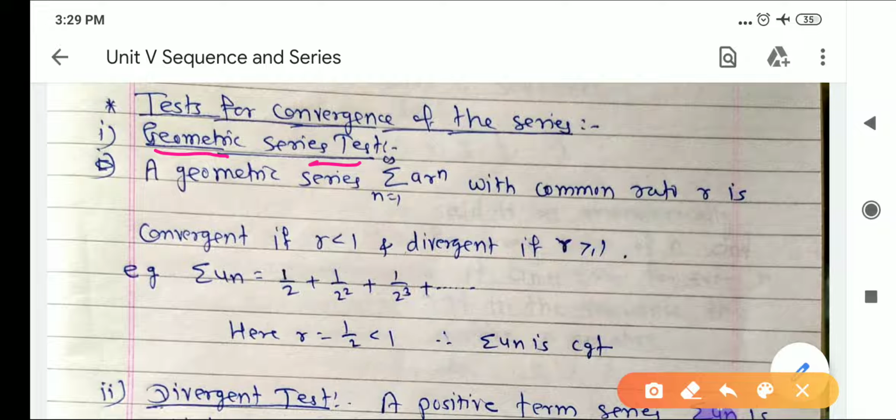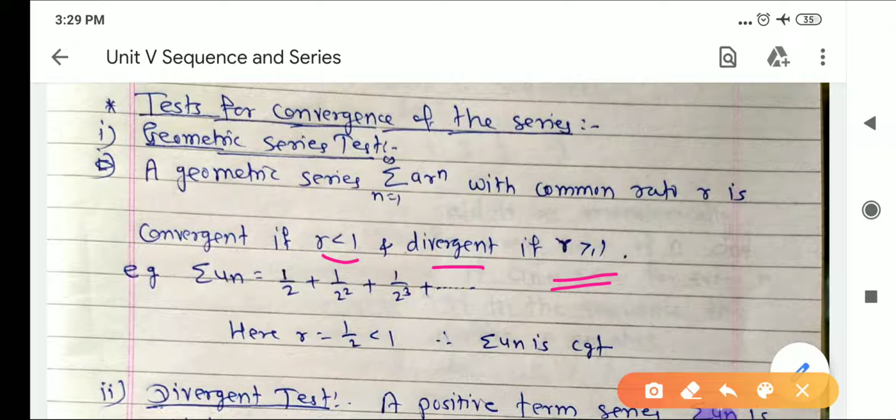The geometric series sum of a r raised to n, with common ratio r, where r is the common ratio and a is the first term of that series, is said to be convergent if r is less than 1 and divergent if r is greater than or equal to 1. This is very, very important. A geometric series is convergent if its common ratio is less than 1 and divergent if the common ratio is either equal to 1 or greater than 1.